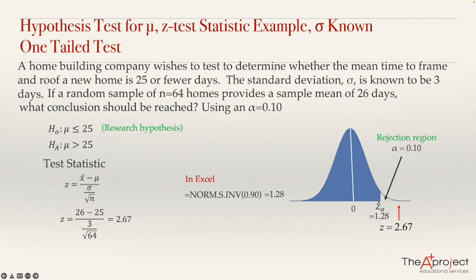This is 0, this is 1.28. 2.67 is more than 1.28, so it's in the rejection region. So because z is equal to 2.67, greater than the critical value of 1.28, we reject the null hypothesis.